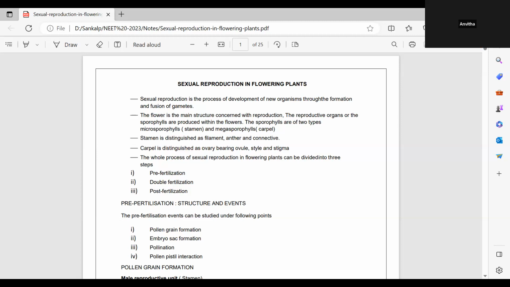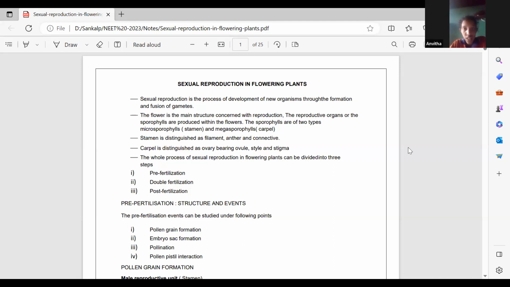Sexual reproduction is the process of development of new organisms through the formation and fusion of gametes. The flower is the main structure concerned with reproduction. The reproductive organs or the sporophylls are produced within the flowers. The sporophylls are of two types, microsporophylls and megasporophylls.